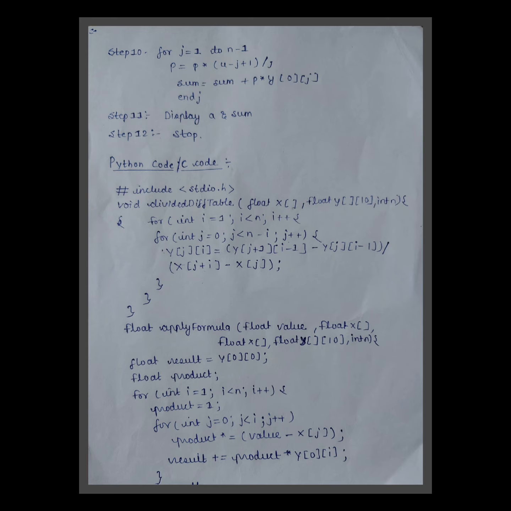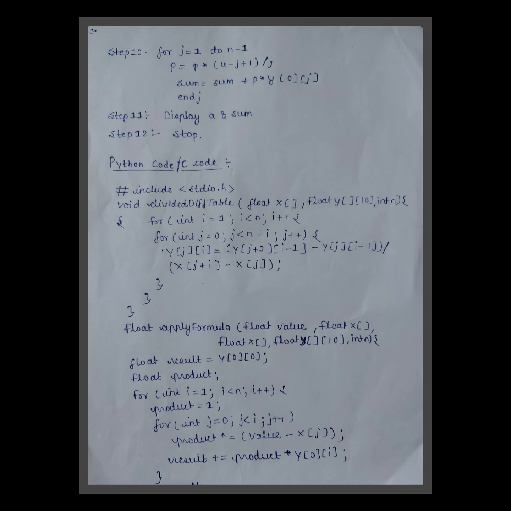Section 3, divided difference table. This function calculates the divided difference table. It uses a nested loop to fill the table using the formula f[xi, xi+1] equals (f(xi+1) minus f(xi)) by (xi+1 minus xi).